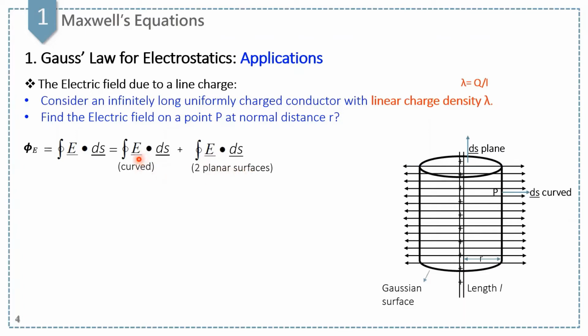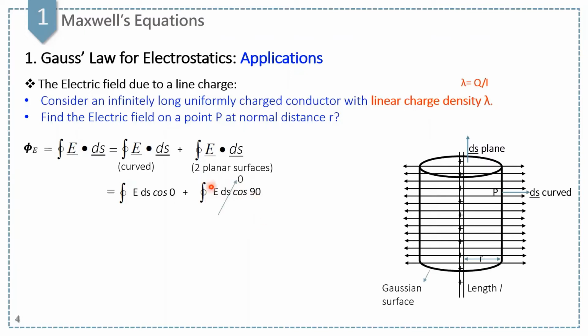As the angle between the electric field and the surface area at the curved surface is 0 degree, we can write E ds cos 0. And the angle between the electric field and the surface area for both planar surfaces is 90 degree, so we can write E ds cos 90 degree, because cos 90 degree is 0.